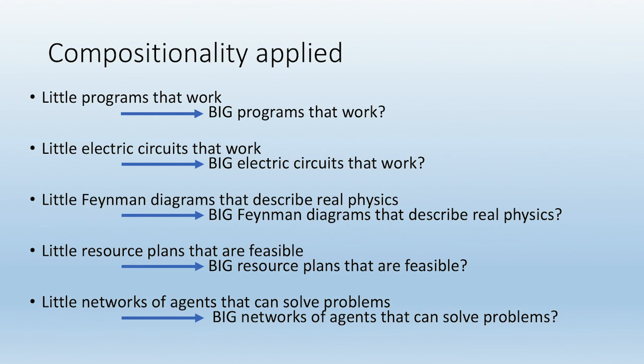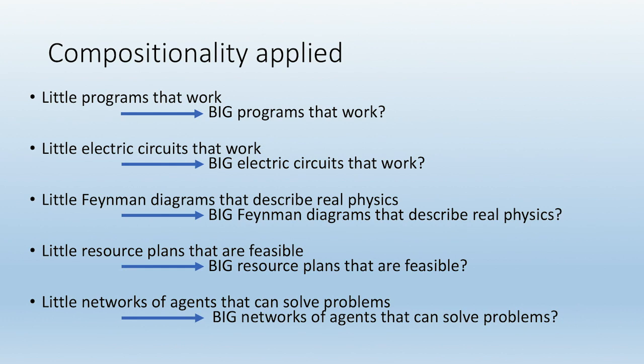So for instance, if we want to know how to make big programs that work out of little programs that work, whether we're making big electric circuits that work out of little electric circuits that work, big Feynman diagrams that describe valid particle interactions in particle physics from little diagrams that describe valid particle physics. And just by plugging them together, you know that it still obeys the laws of nature.